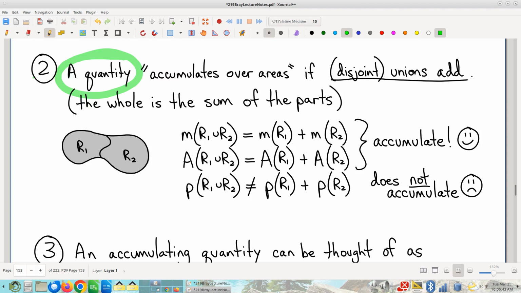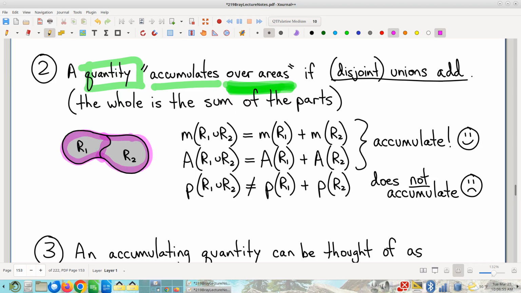So this idea of an accumulating quantity, or specifically a quantity that accumulates over areas, namely, when you split the area, the whole is the sum of the parts, right? This idea is going to come up in different situations with different specifics, but in morally equivalent ways.